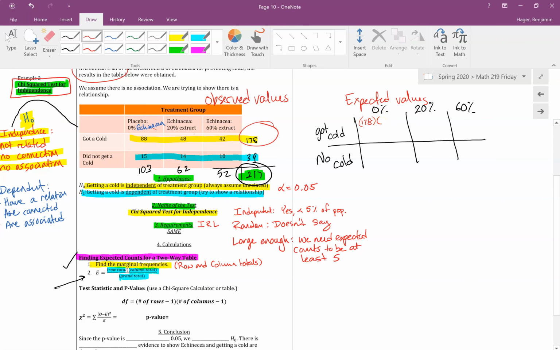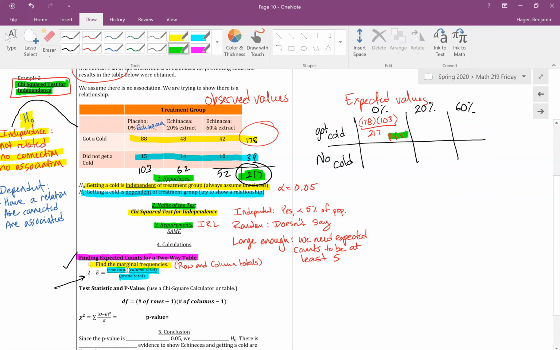I need to multiply by the column total for 0% echinacea. That was 103. And I need to divide by the grand total, 217. Okay, it's weird. It's not hard, it's just time consuming. That would give me an expected value of 84.5. That would be my expected value there.